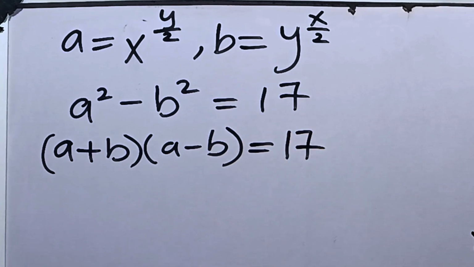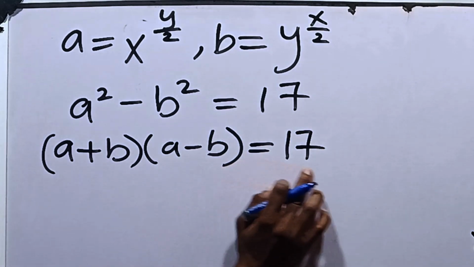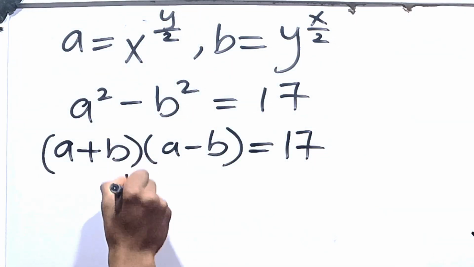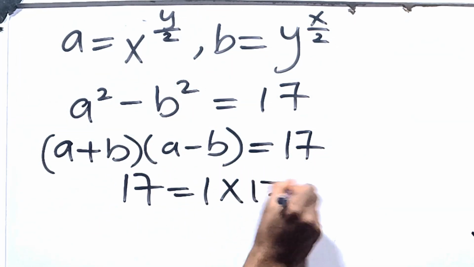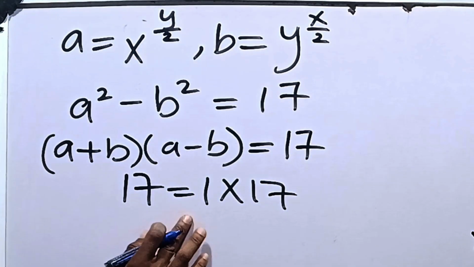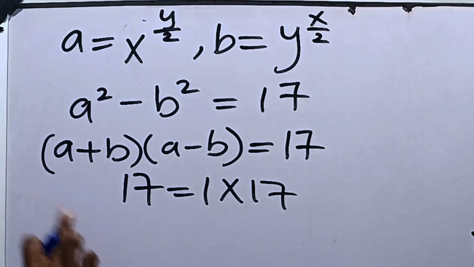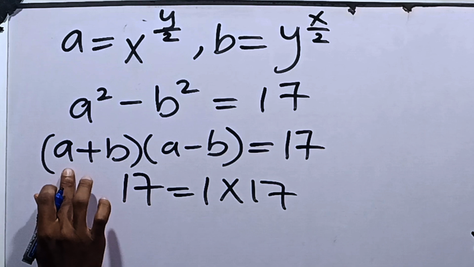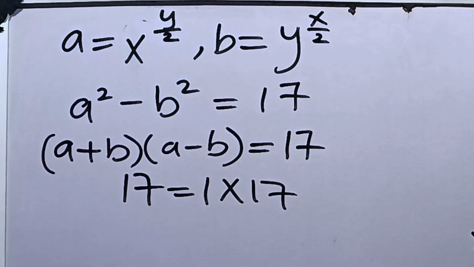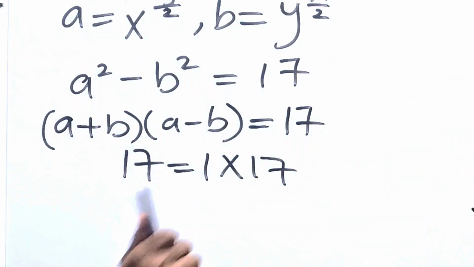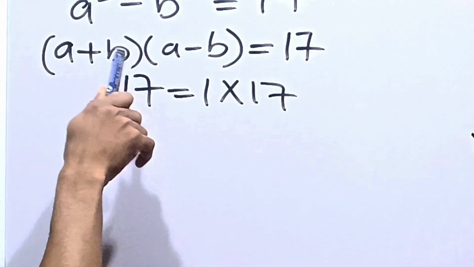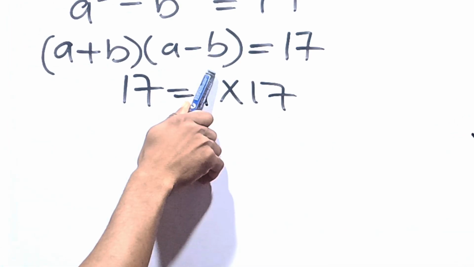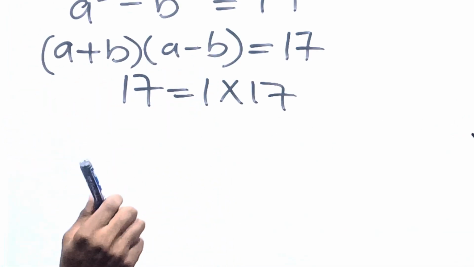Now, because 17 is a prime number, the only factors of 17 are 1 and itself. Having established this, given that a and b are positive whole numbers, when you add positive whole numbers, it's always greater than when you subtract the same numbers.